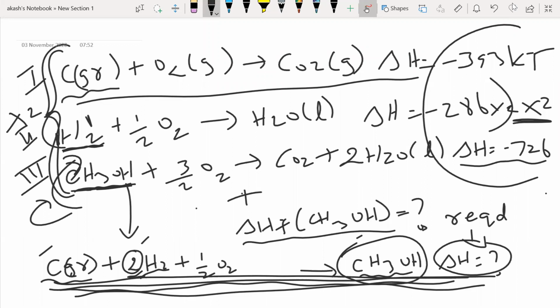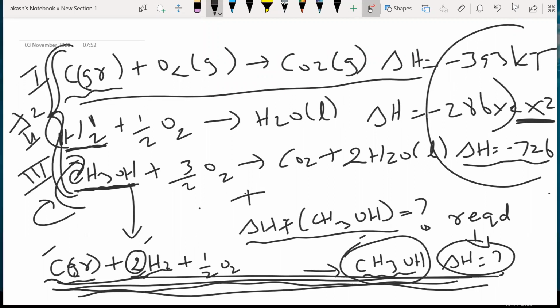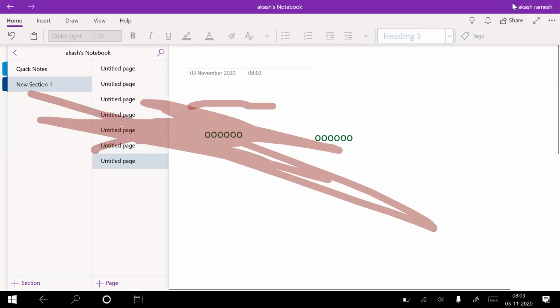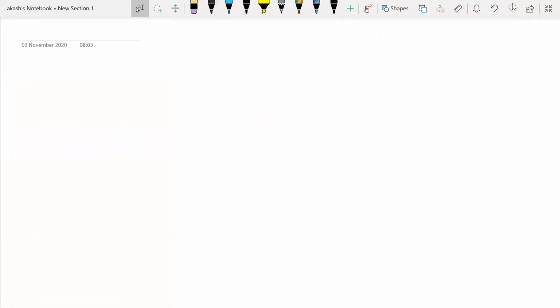Right. So if I can rewrite the equations, whatever we did. So first equation stays as such. So for first equation, carbon graphite, what was there?